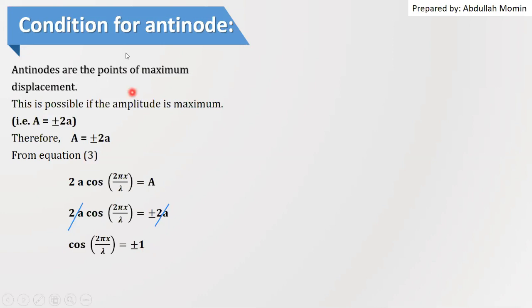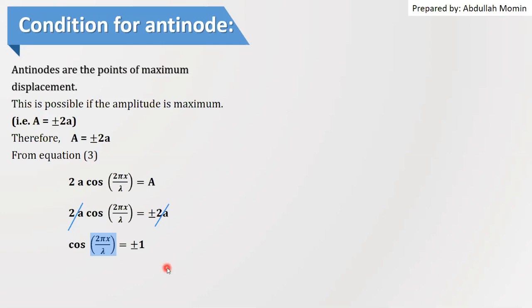Now when will we get the value of cos theta as plus 1, or as minus 1? Whenever the value of theta is 0, we will get cos theta as plus 1.